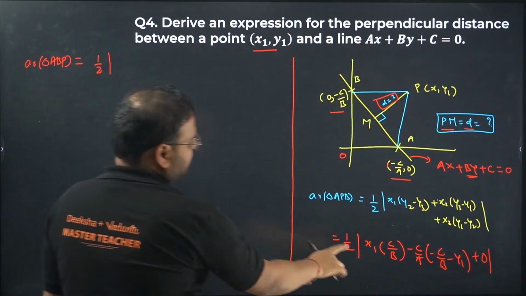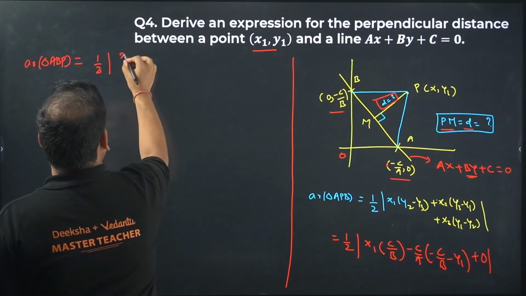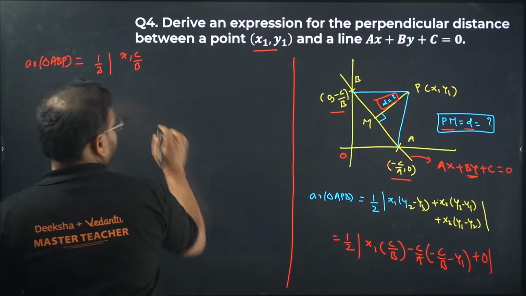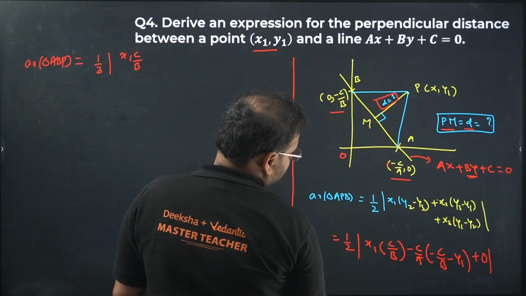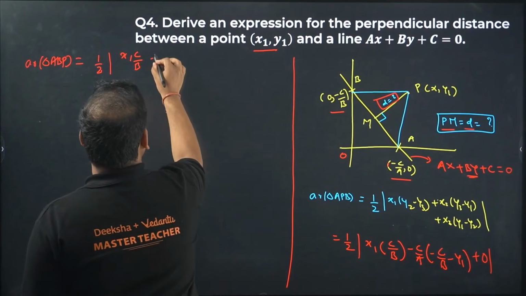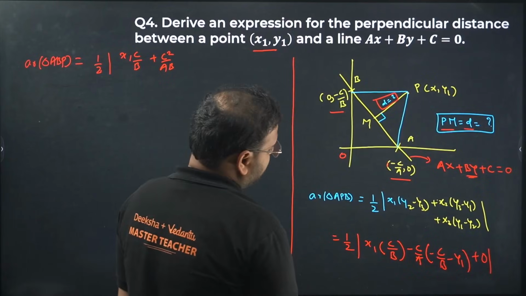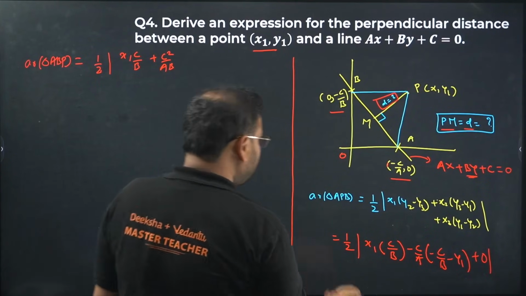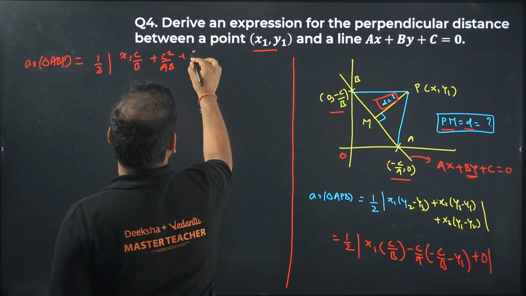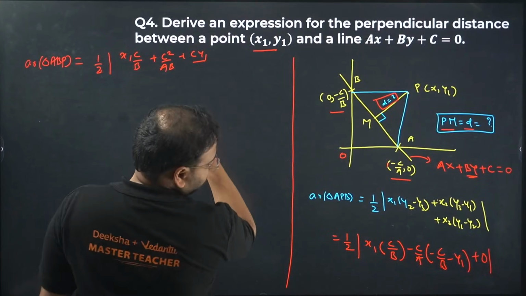Check here, we have x1 times of c b, so x1 cb, and we have c square ab plus c square ab, and over here we have c y1 by a.